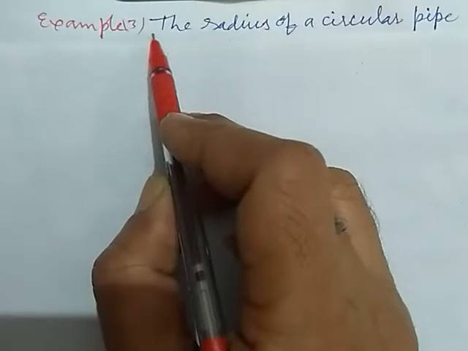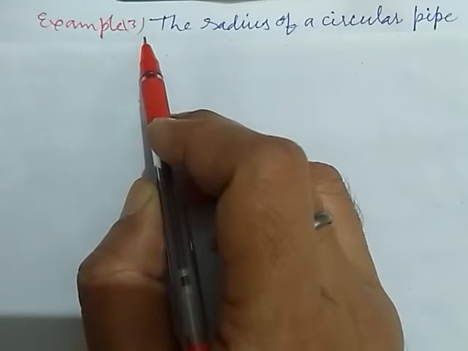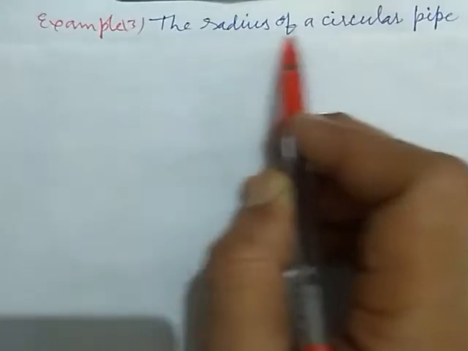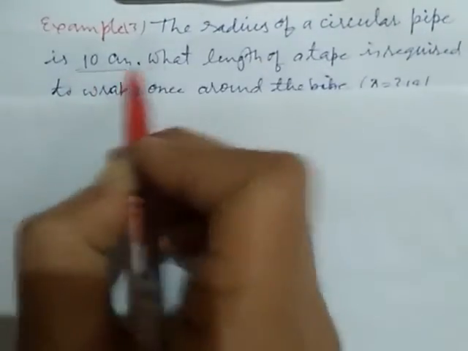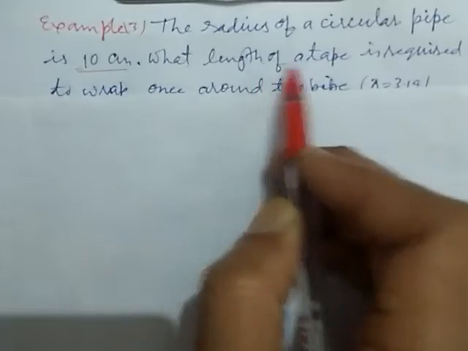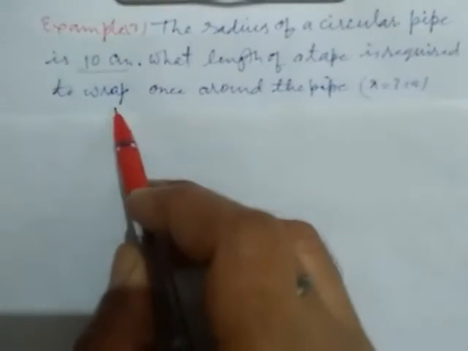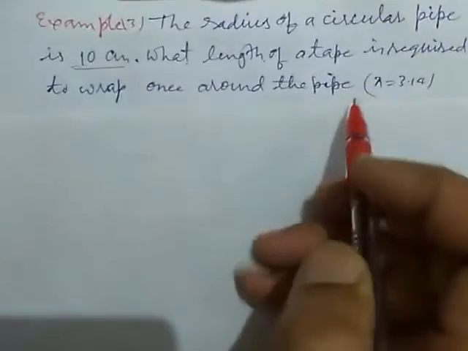Now the next example, the third. The radius of a circular pipe is 10 centimeter. What length of tape is required to wrap once around the pipe?